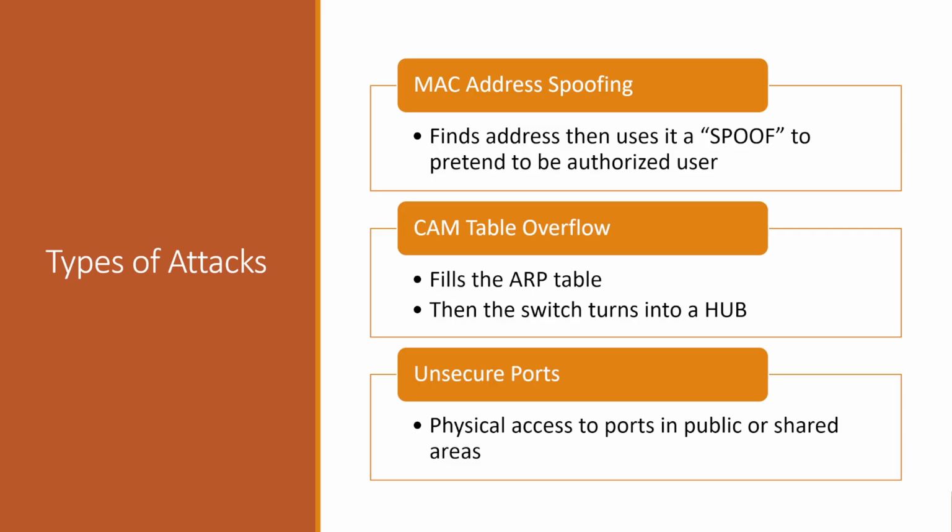And we also call this ARP table poisoning when we try to overflow it. Okay, because the ARP table itself is where all MAC addresses live on a switch, so I'll know which MAC address belongs to which port. Or we can have unsecured ports in public or shared areas. So these can pose a security risk if they're not configured properly.